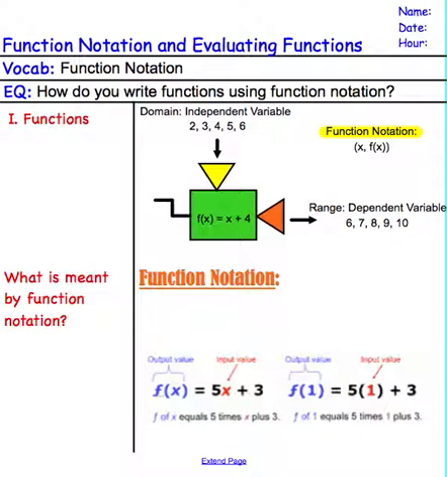So we have here your independent variable, which is the domain. It's that x value that you are putting into the function. For example, we have these input values here, which are 2, 3, 4, 5, and 6. We put them in, and inside here we have our function.